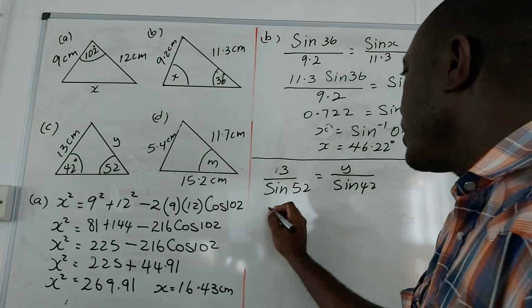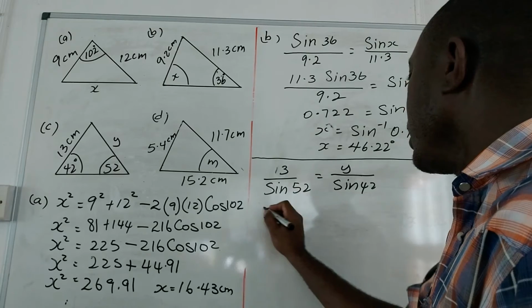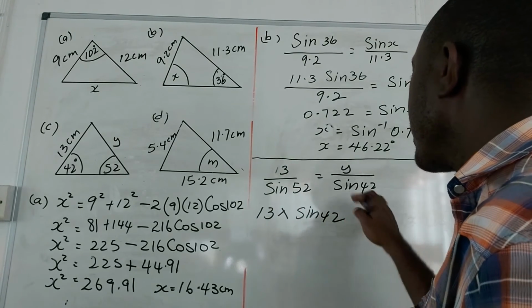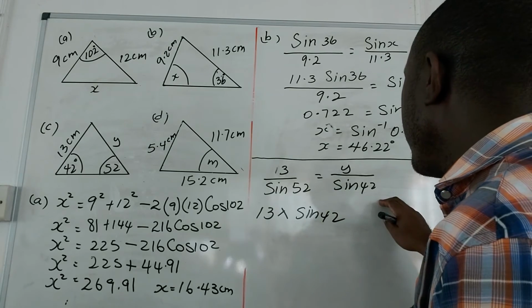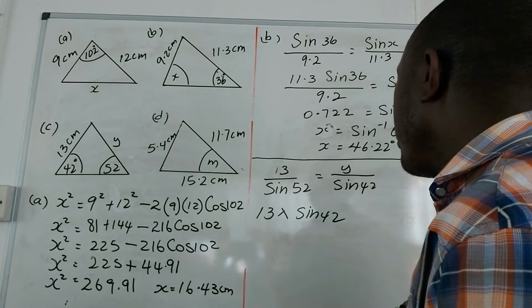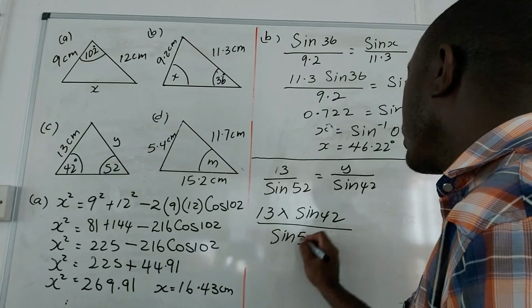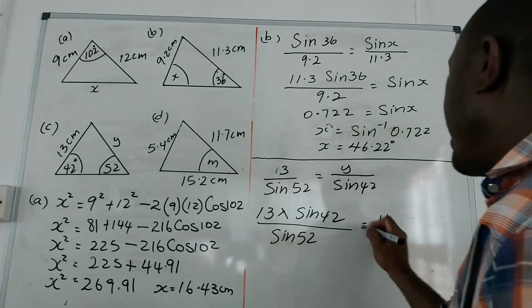So that will be 13 times sine 42. Since sine 42 is dividing, when it goes over, it multiplies, over sine 52 is equal to y.